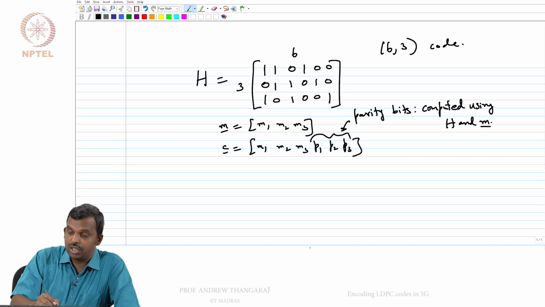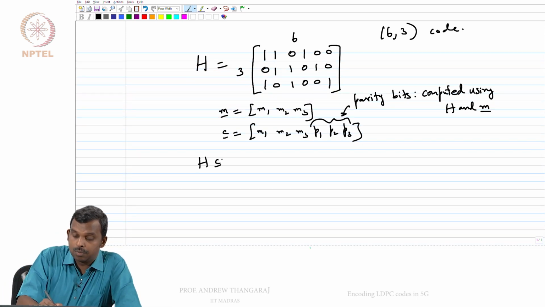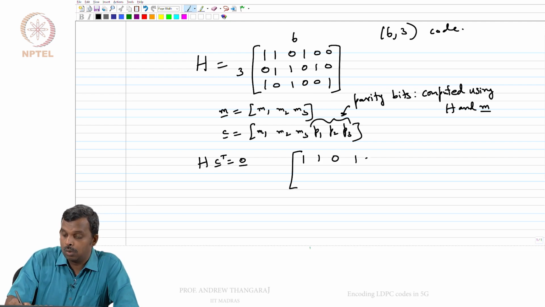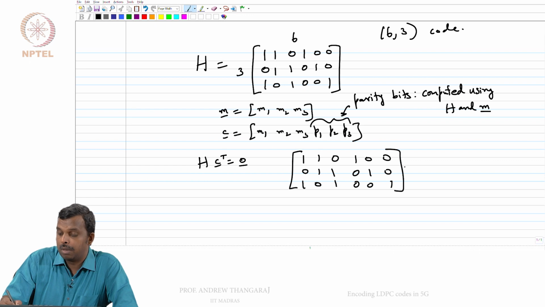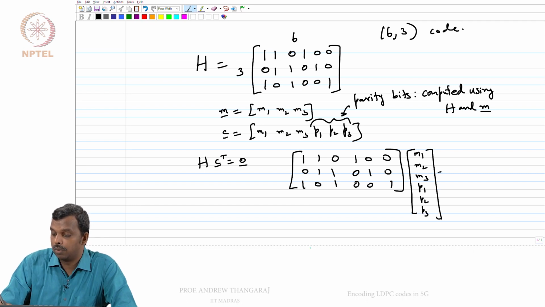Now, what does H tell you? H tells you that H times C transpose equals 0, okay, which in other words is this equation, right? So, 110, 100, 011, 010, 101, 001 multiplied on the right with M1, M2, M3, P1, P2, P3 goes to 0, right? 0, 0, 0.